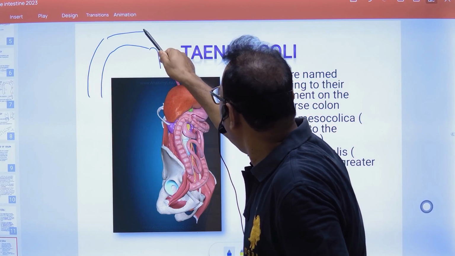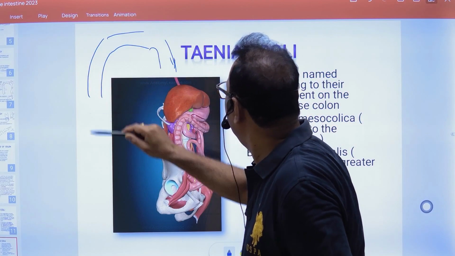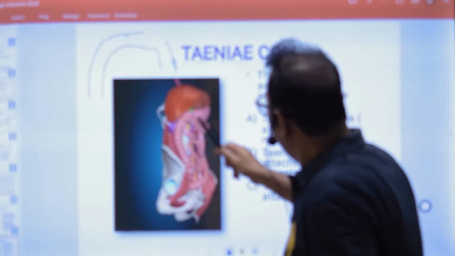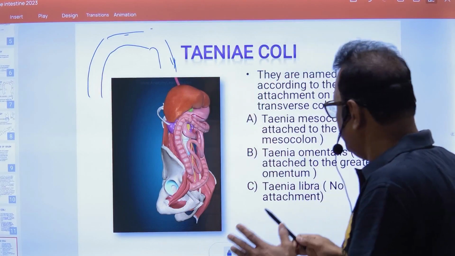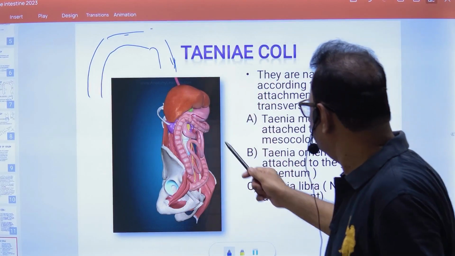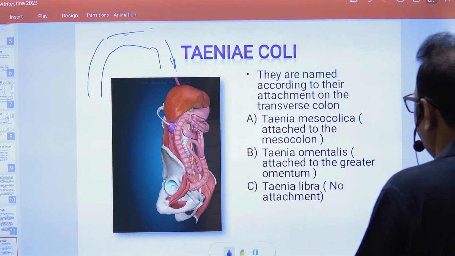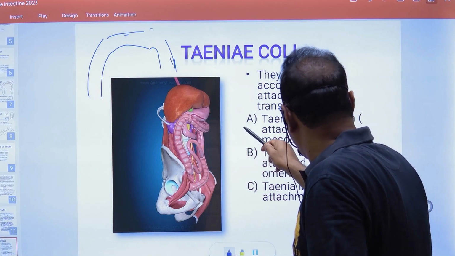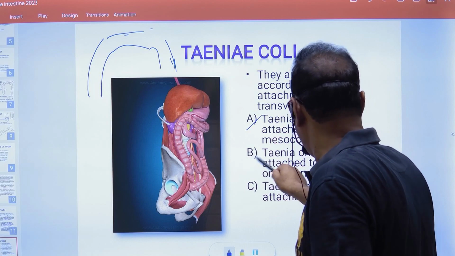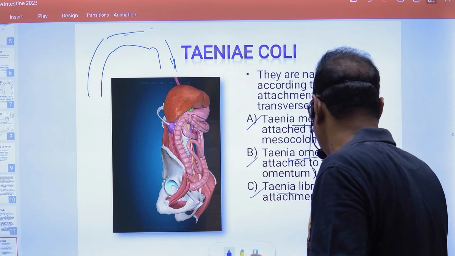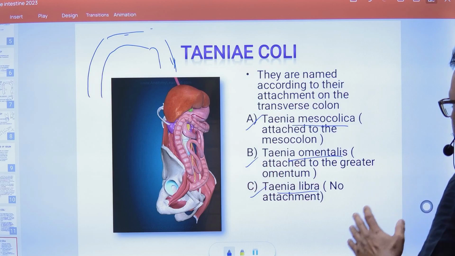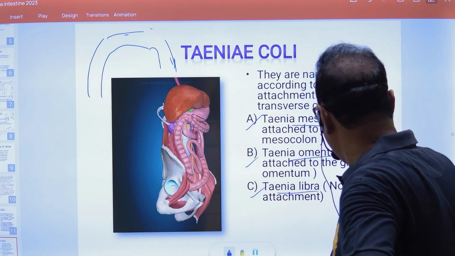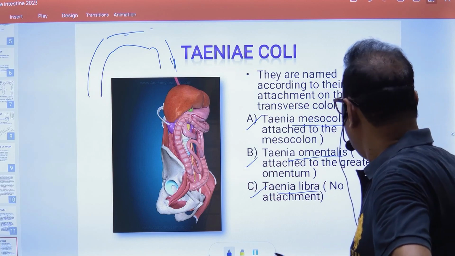The tinea coli will be seen all around, but where they are attached on the transverse colon gives them their names: tinea mesocolica, tinea omentalis, and tinea libera. So we have got three types of tinea coli.